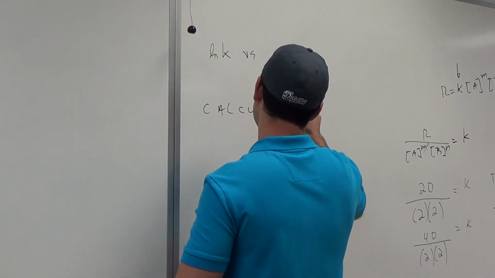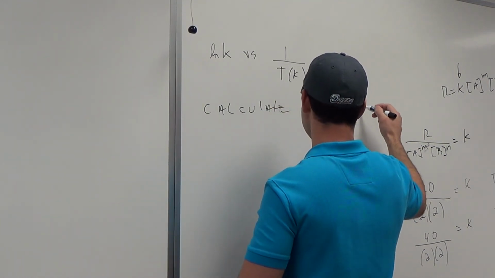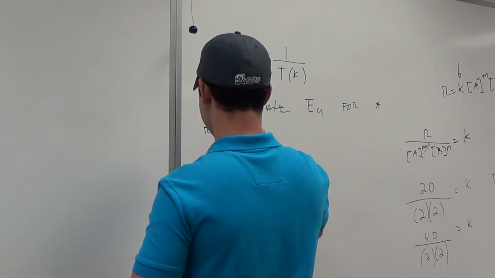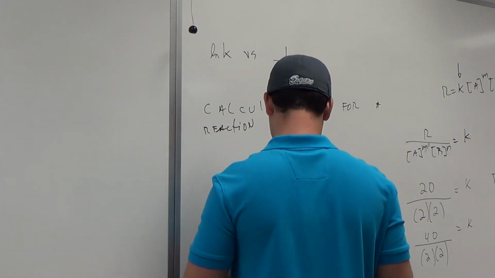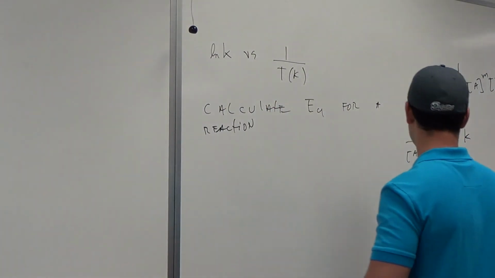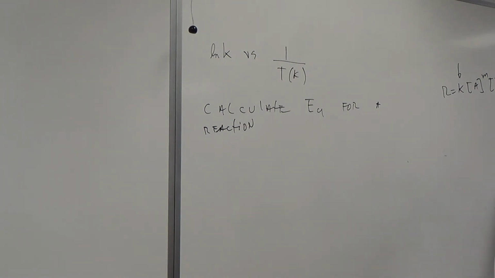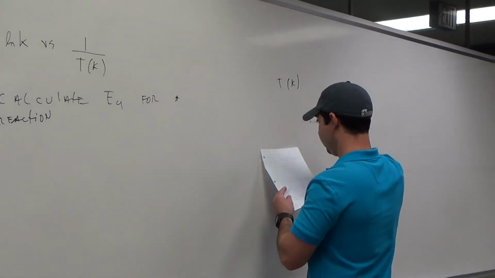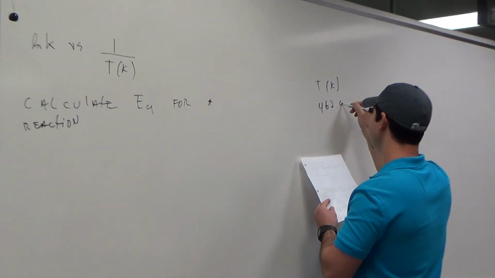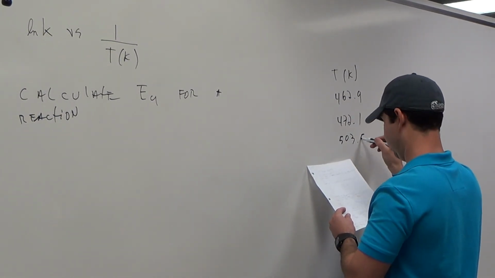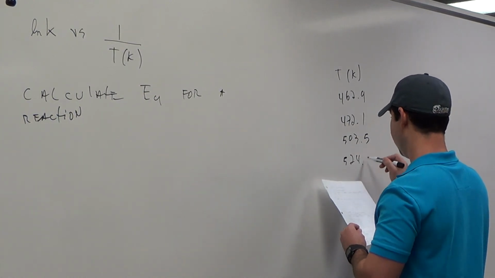Calculate the energy of activation for a reaction, and this is how it looks. Temperature in Kelvin is 462.9, 472.1, 503.5, 524.4.